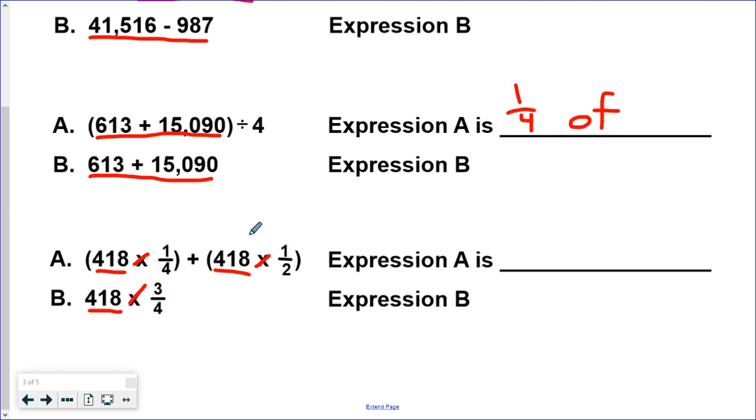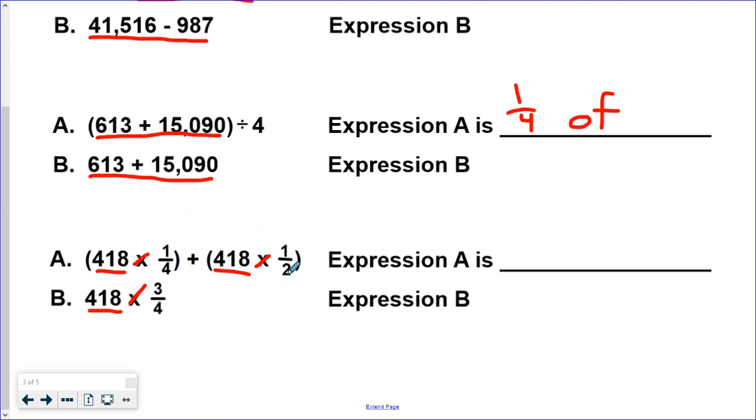Well, what I want to do is combine these two numbers first. And in order for me to combine them, I'm going to do what the expression says. So the first thing I want to do is add 1/4 and 1/2 together. Because they all have 418, I'm going to ignore that. They all have multiplication, I'm going to ignore all that. But I have the 1/4 plus the 1/2. So I want to add those two numbers together. And hopefully you remember that whenever you add fractions together, you have to have common denominators.